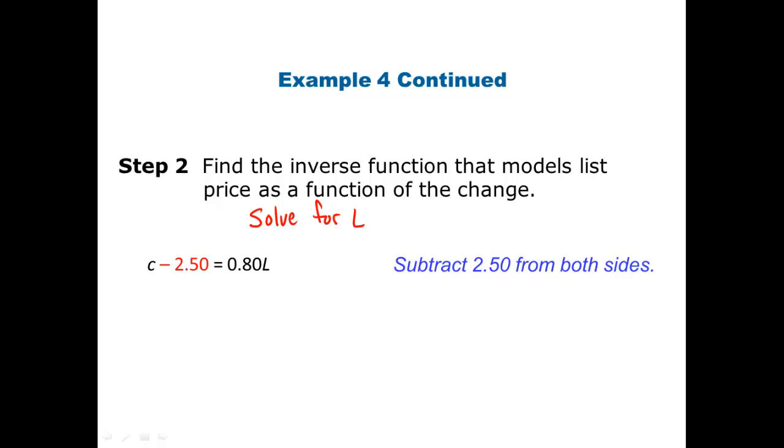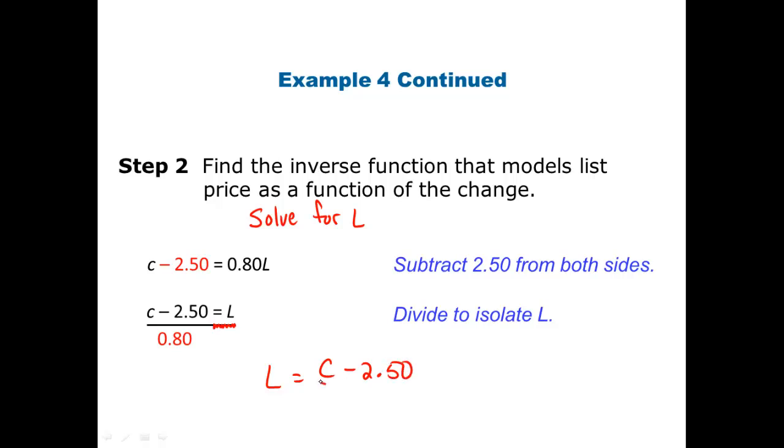All you have to do is solve for L. So the first thing, we move that 2.50 to the other side using subtraction. And then we can divide by the 0.80. All right, and this division line should be only on the other side. And we can write it out the other way: C minus 2.50 over 0.80, if you want the L on the left side.